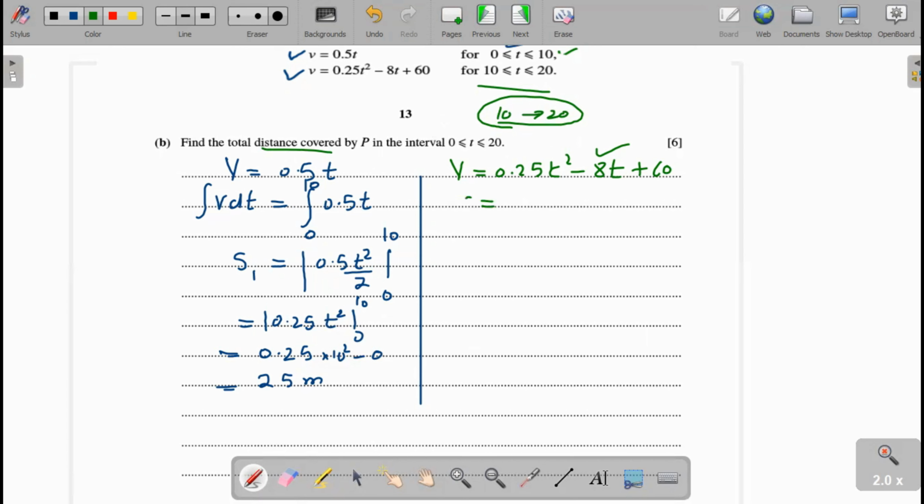Suppose v is 0. Now 0.25t square minus 8t plus 60. Multiplying by 4, we get t square minus 32t plus 240 equal to 0.